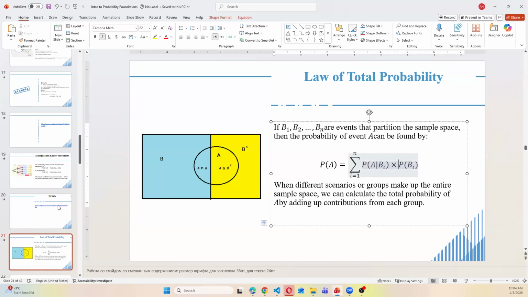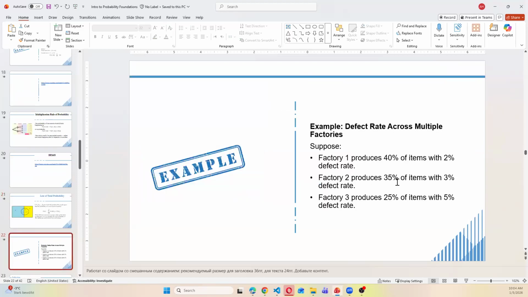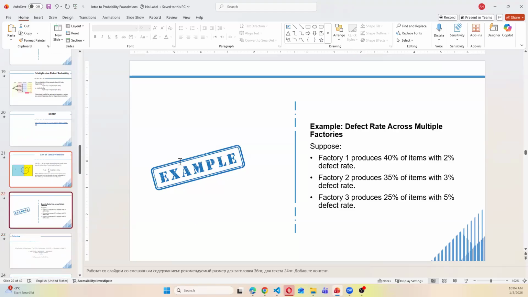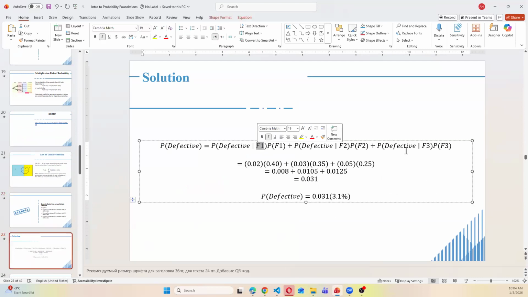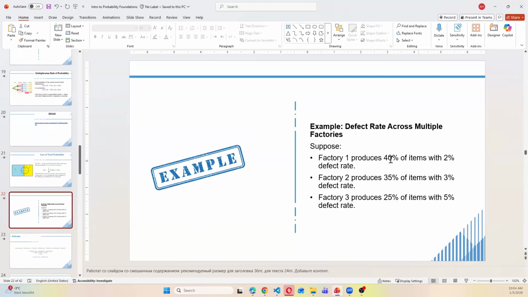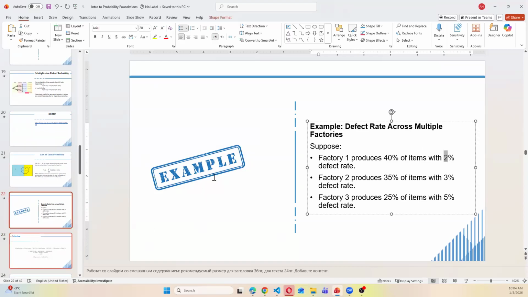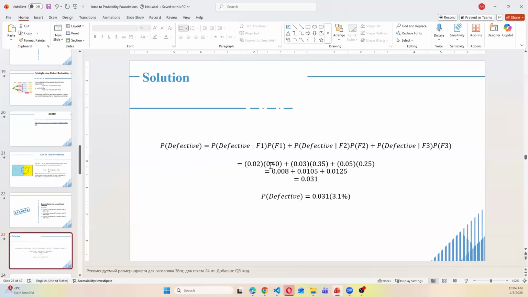For example, factory 1 produces 40% of items with a 2% defect rate, and there are factory 2 and factory 3, so three factories, like B1, B2, B3. I want to find the overall defect rate. Factory 1 has 0.02 times 0.4.